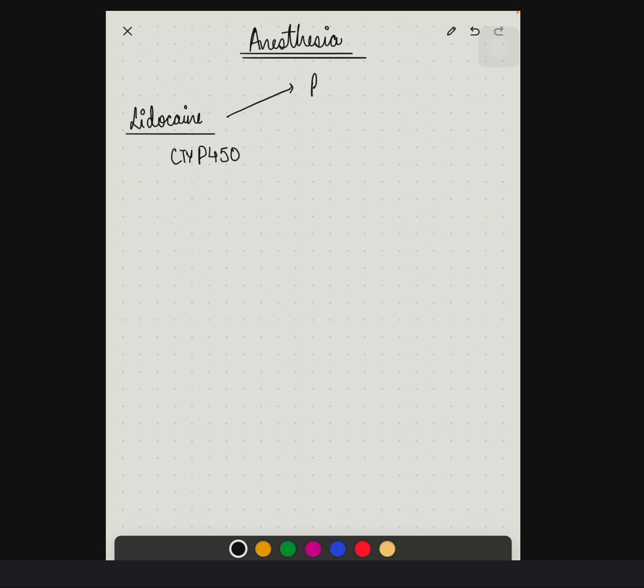One is another anesthetic, bupivacaine, and the other is tramadol, which is used as an analgesic, an opioid.